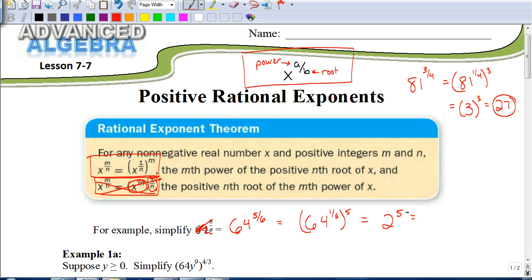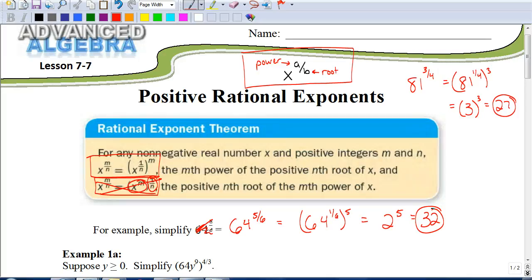Well, now I have to take 2 to the 5th power, which means 2 times itself 5 times. Don't say 10. It's 2 times 2 times 2 times 2 times 2, which gives you 32. Now there's a couple ways you could do that. You could, again, multiply it out and say, well, 2 times 2 is 4, times 2 is 8, times 2 is 16, times 2 would be 32.